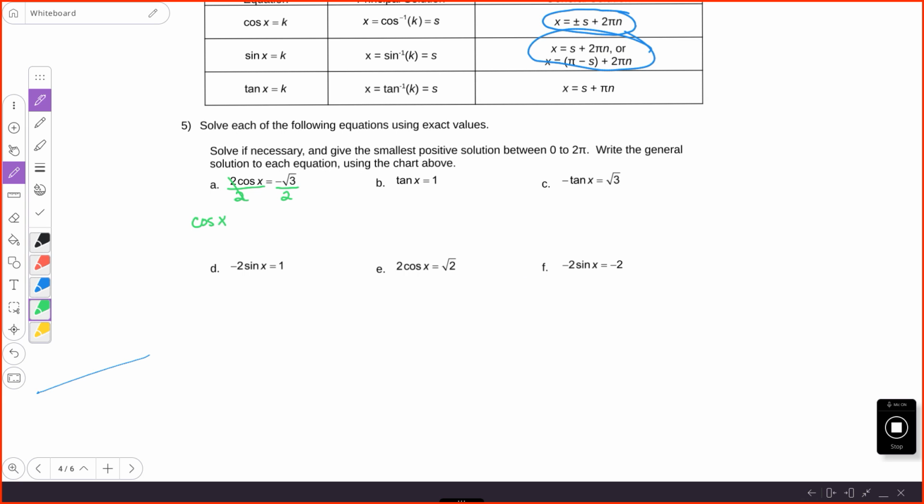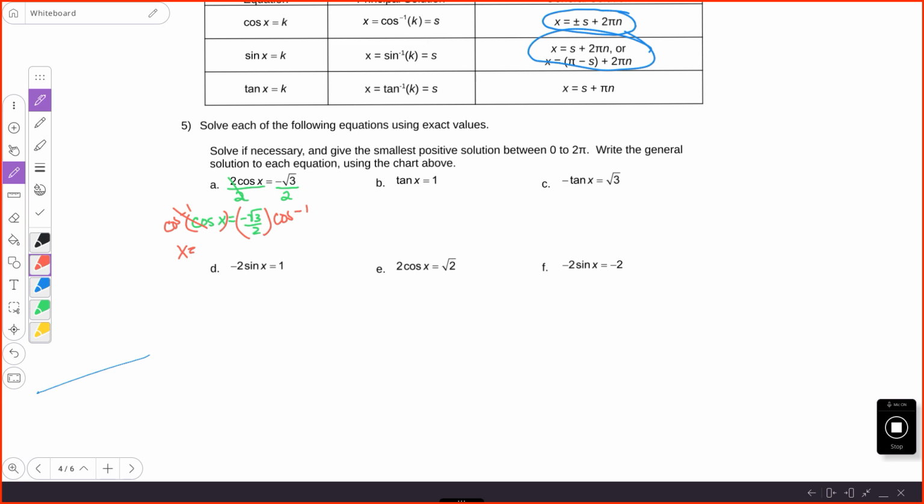So I have cosine x is negative square root 3 over 2. And then I'm going to inverse cosine or arc cosine that. So I need to figure out, where is cosine equal to square root 3 over 2?